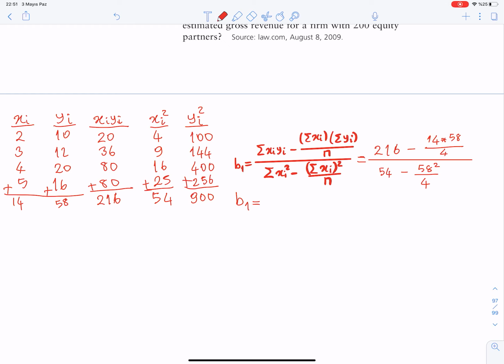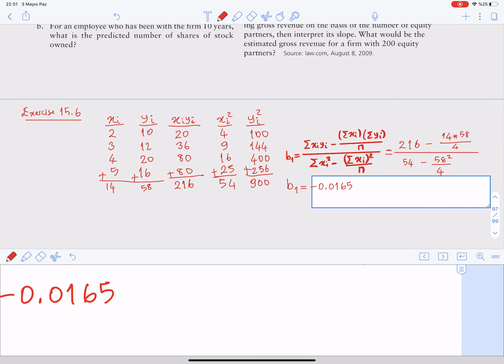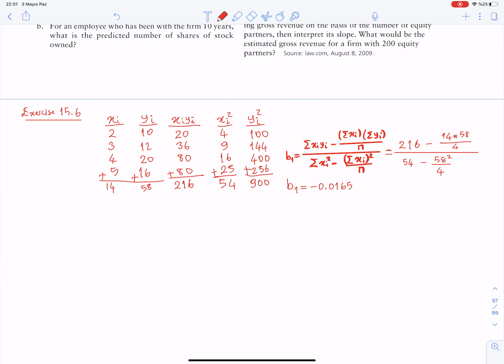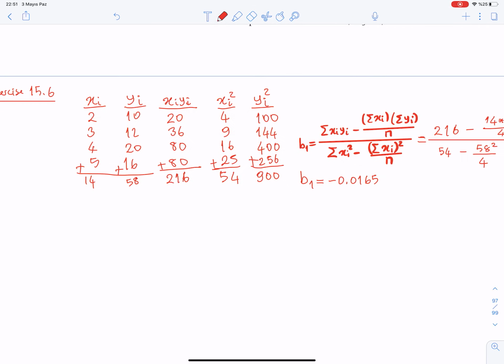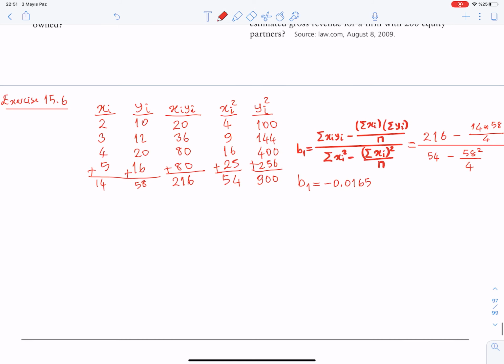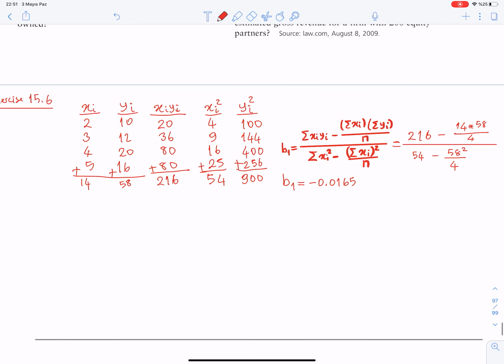All right, the result is minus 0.165. Let me see again. Yes. Okay. Yes, that's right. 54 minus.